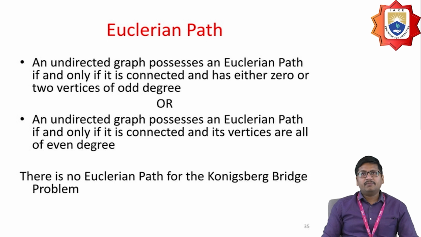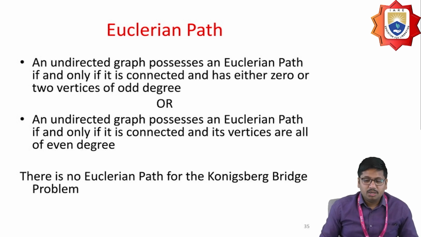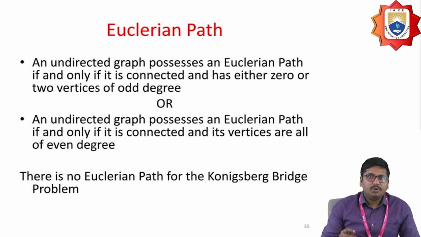An undirected graph possesses an Eulerian path if and only if it is connected, and then it can have either 0 or 2 vertices of odd degree. An undirected graph possesses an Eulerian circuit only if it is connected and its vertices all have even degree.